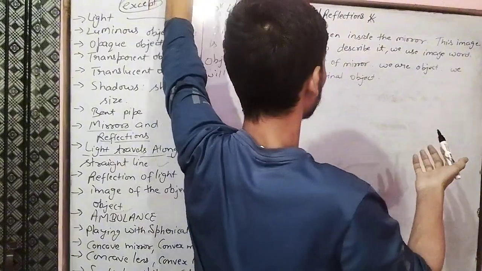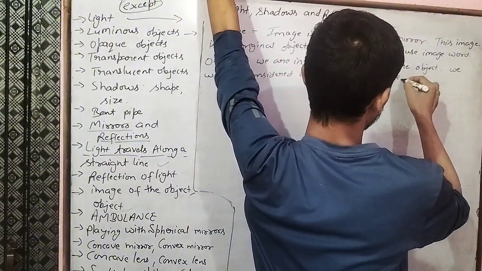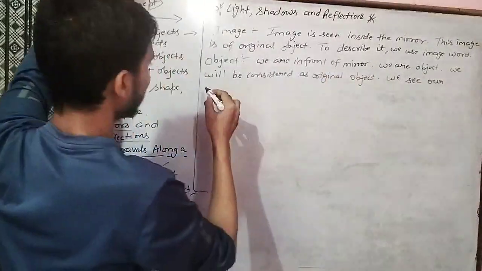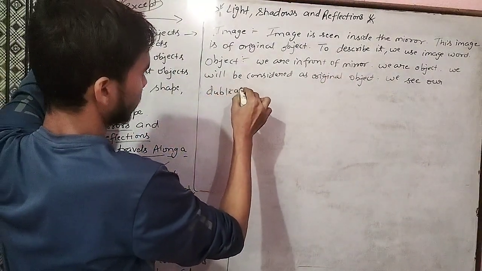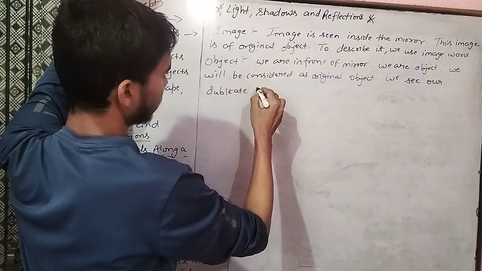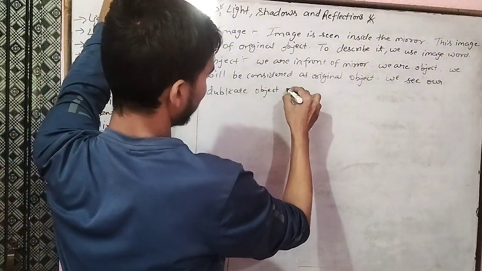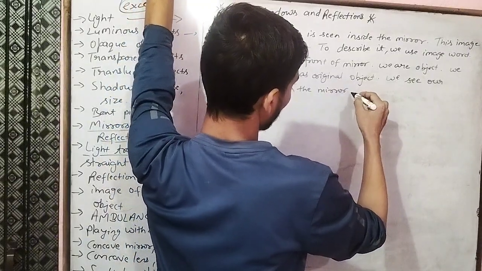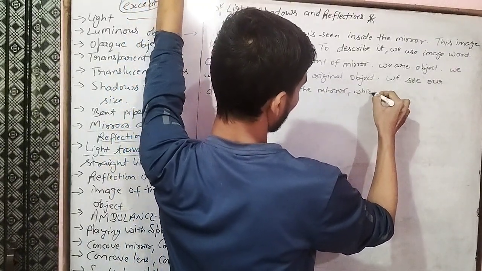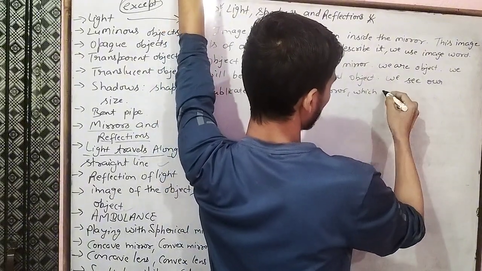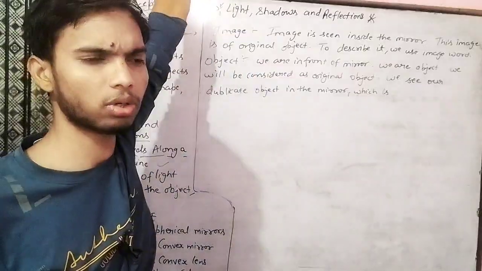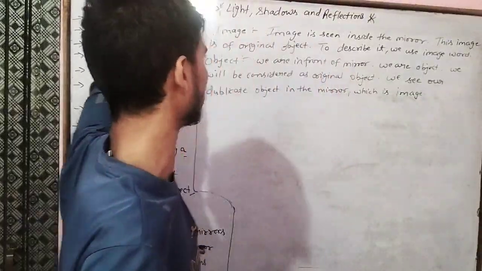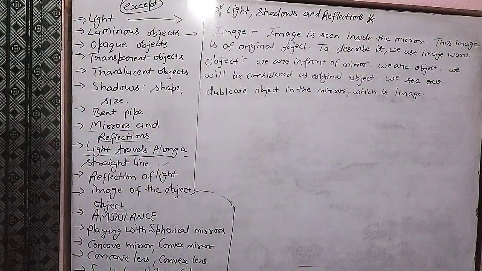We see our duplicate object in the mirror, which is the image.